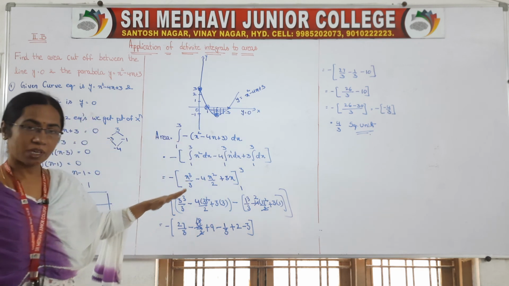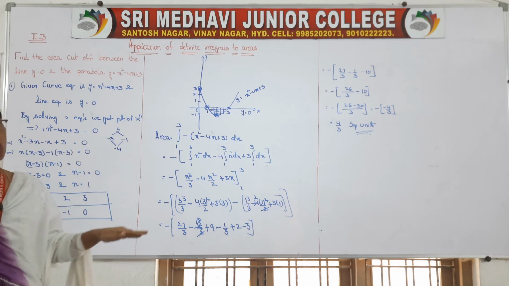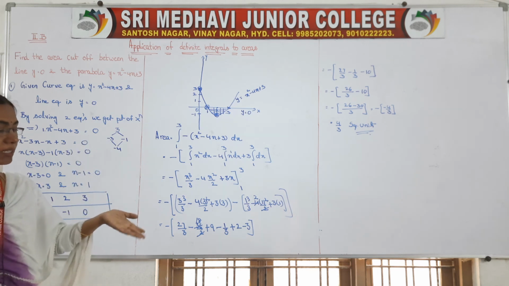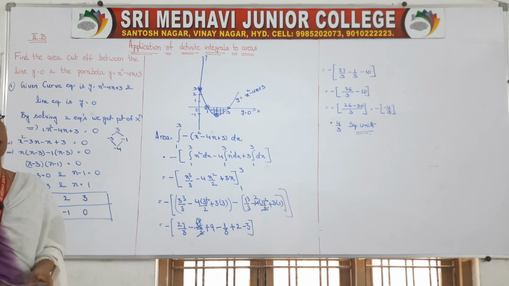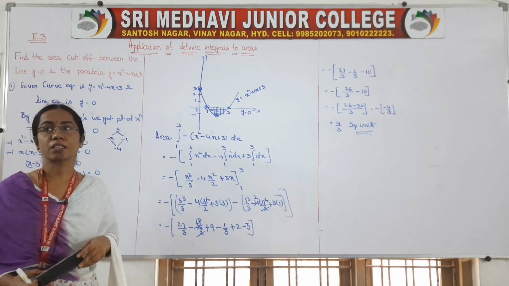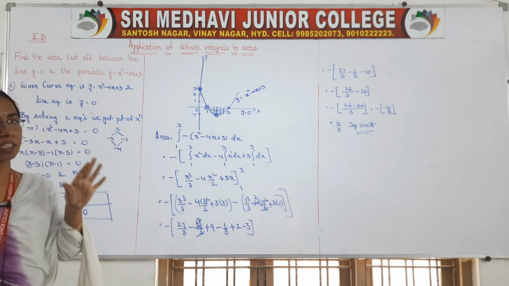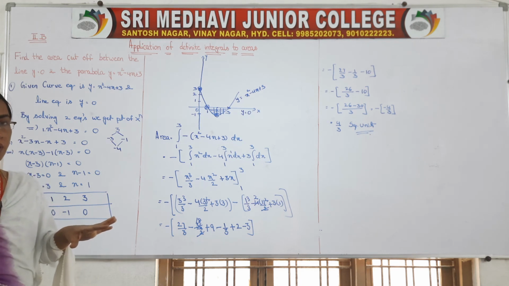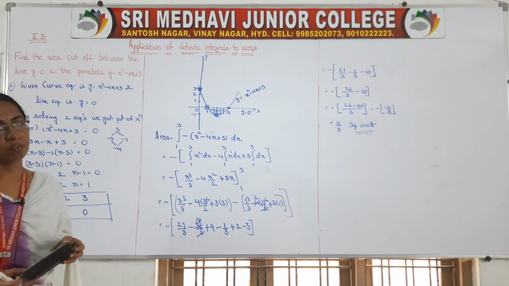After that, normal integration: in the x place substitute the upper limit, then minus the lower limit, and you will get your required area. This is the concept. If x values are not given to you, you have to find them by solving the two curve equations.